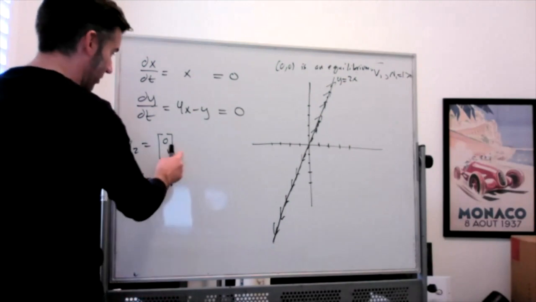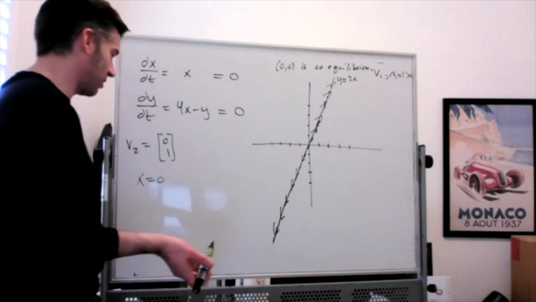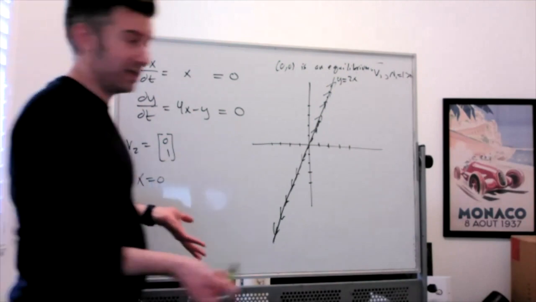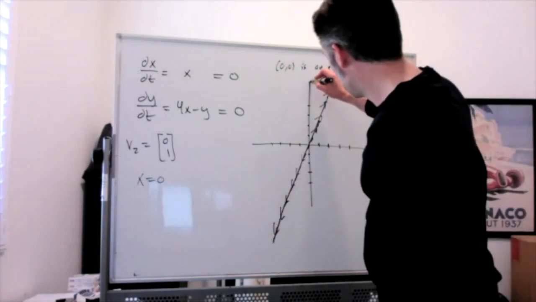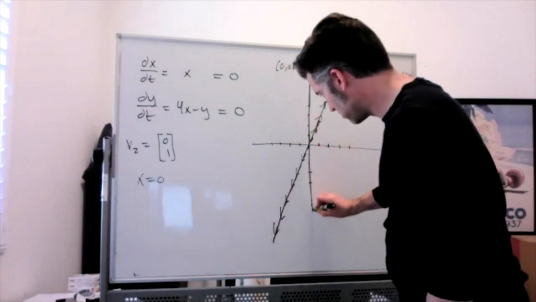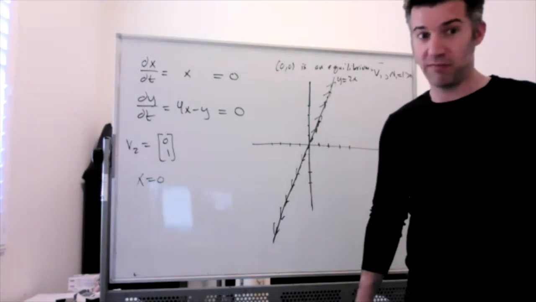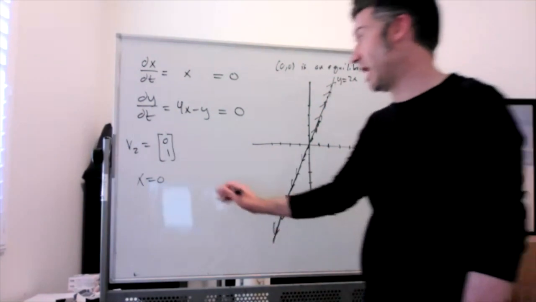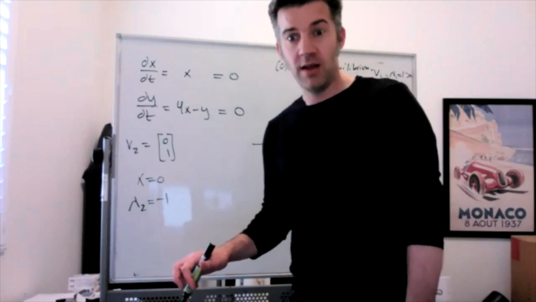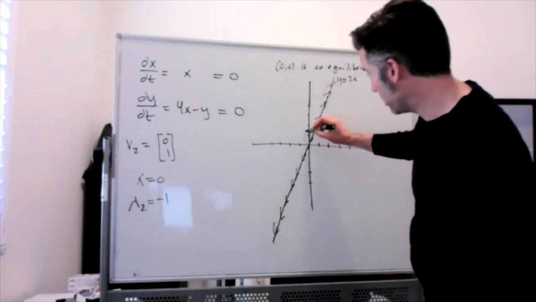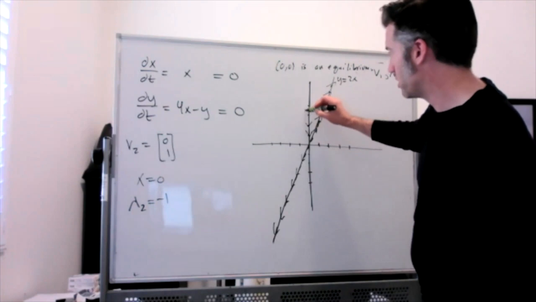That's how we got this eigenvector, where x is 0 and y can be anything. So that's going to be the vertical line, x is 0. And since the eigenvalue for this was negative, the arrows are going to point in towards the origin.